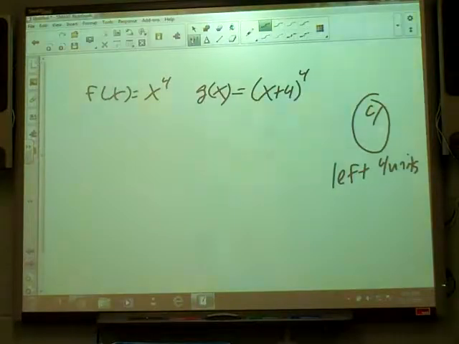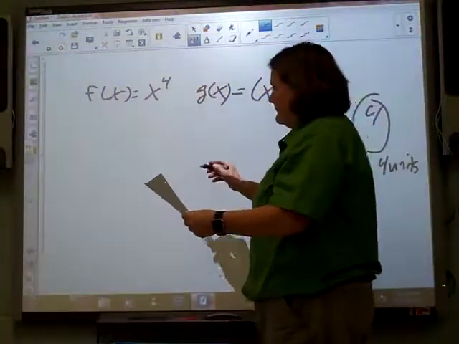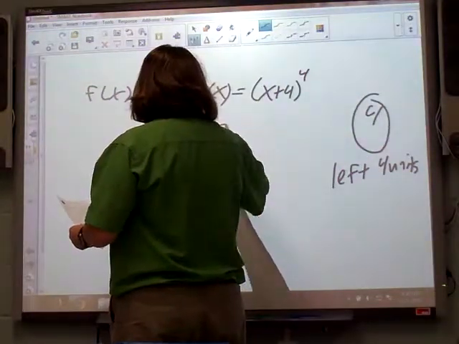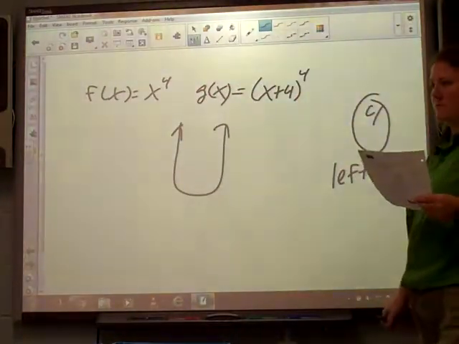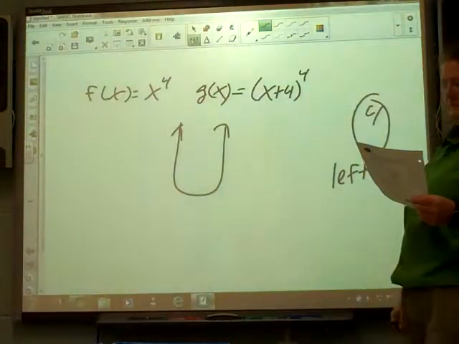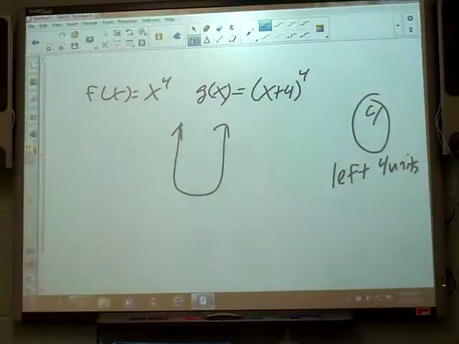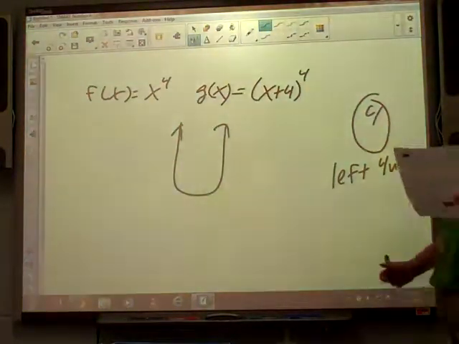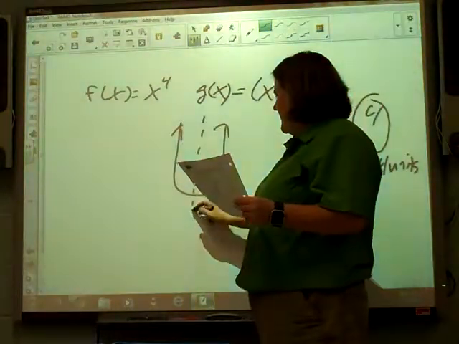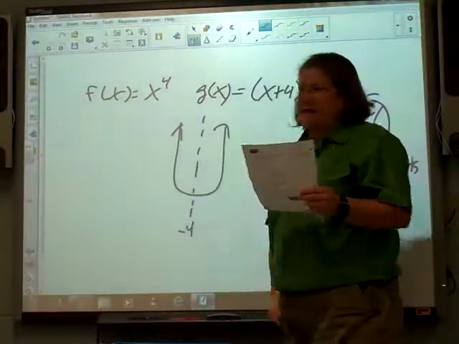Now on part C, I did use the graph on part C. The 4 circled was the part A answer. Part C says determine the intervals for which the function g is increasing and decreasing. And on g, that line of symmetry right there is at -4.